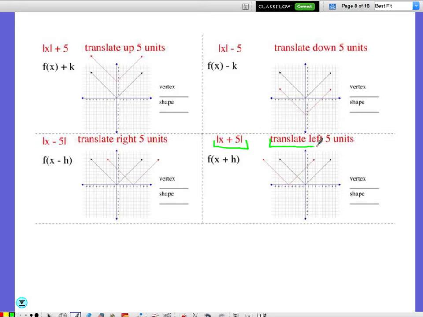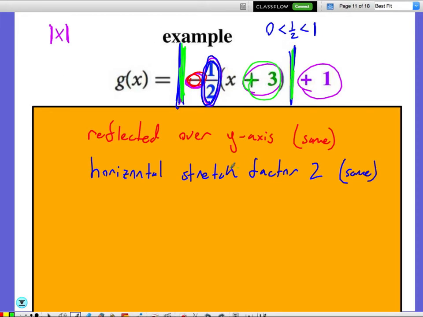So in this case, we're translating to the left not 5 units but 3 units, and notice here the vertex changes. So we're translating to the left 3 units, and we want to make a note that the vertex changes.